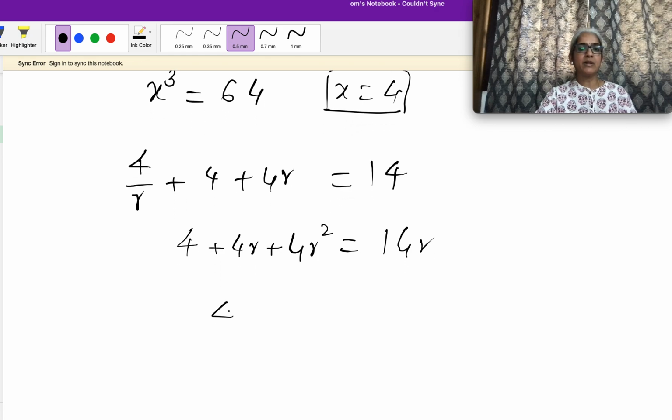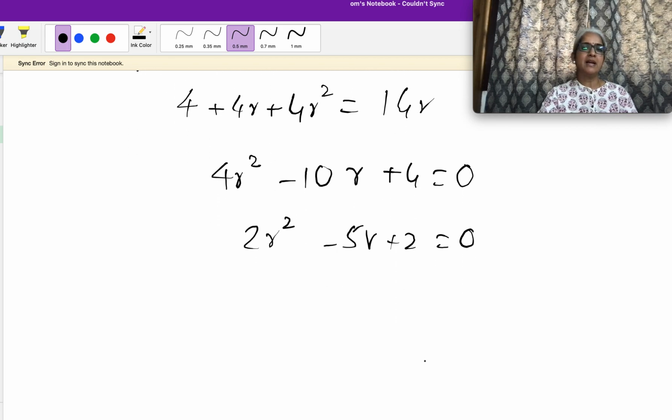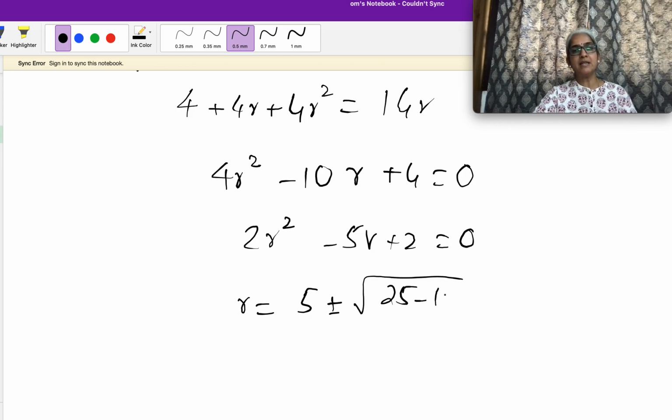So I'm getting a quadratic. 4r square minus 10r plus 4 is equal to 0, which is 2r square minus 5r plus 2 is equal to 0. And I will use the quadratic formula. You could factorize it as well. Minus b plus or minus square root of b square minus 4ac upon 2a.